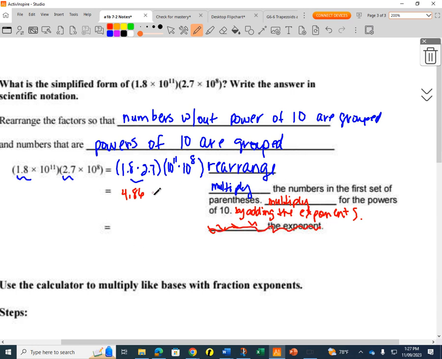So it's times 10 to the 11 plus the 8th power. So this would be 4.86 times 10 to the 19th power.